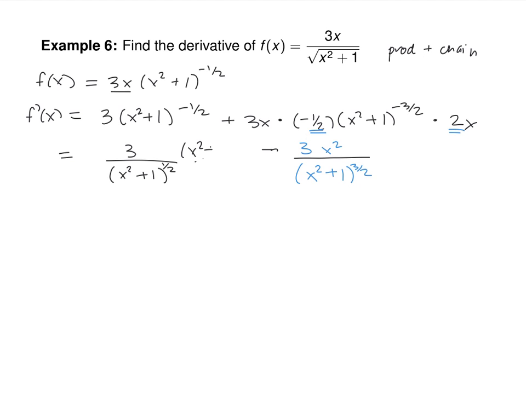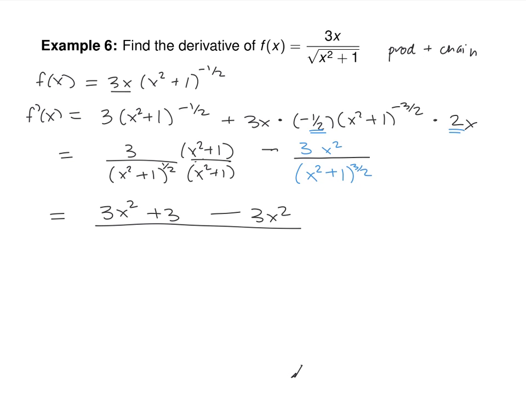By x squared plus 1 to the first. So that's 3x squared plus 3 minus 3x squared over x squared plus 1 to the 3/2, or 3 over x squared plus 1 to the 3/2.